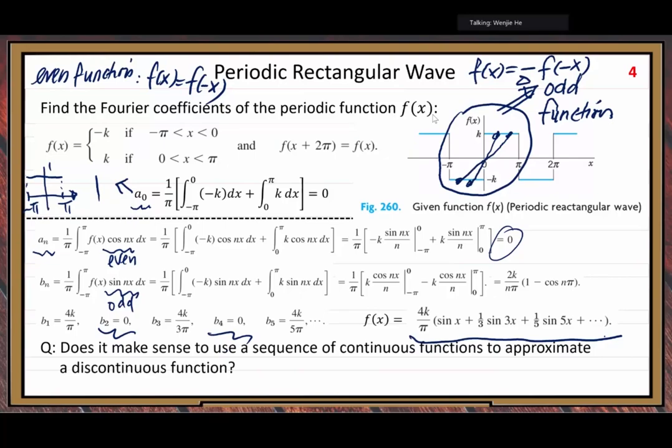But we want to look at another aspect. Question: does it make sense to use a sequence of continuous functions to approximate a discontinuous function? Another interesting question.